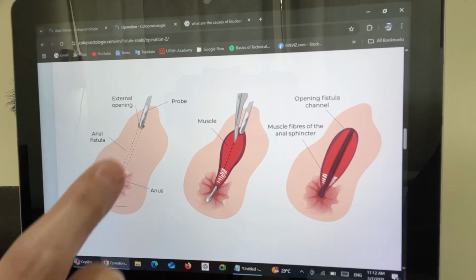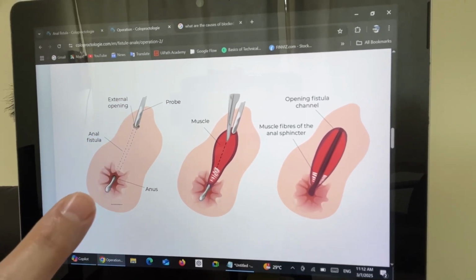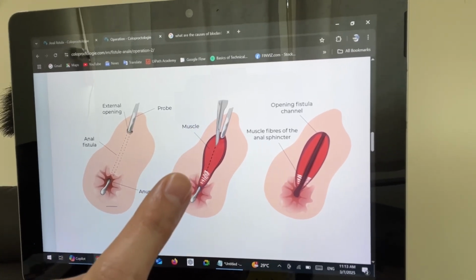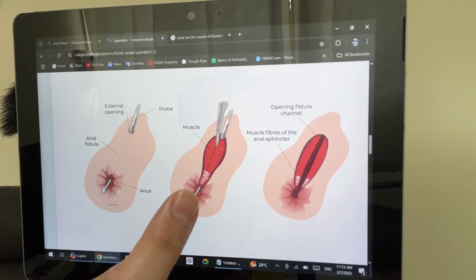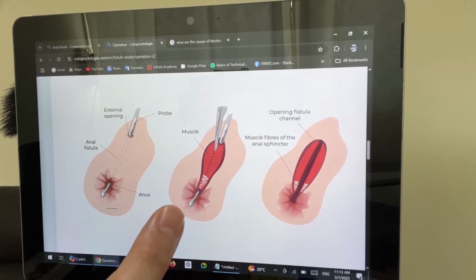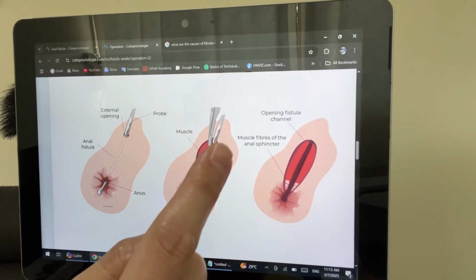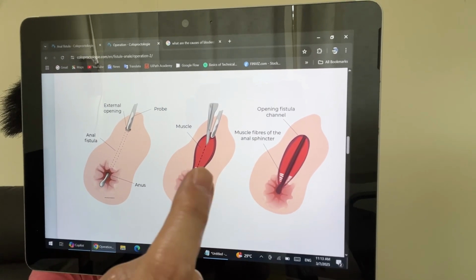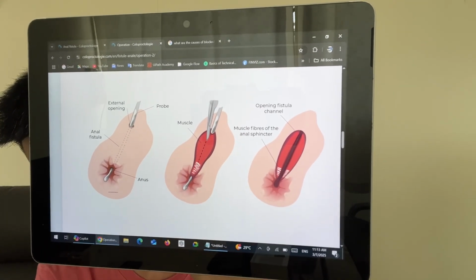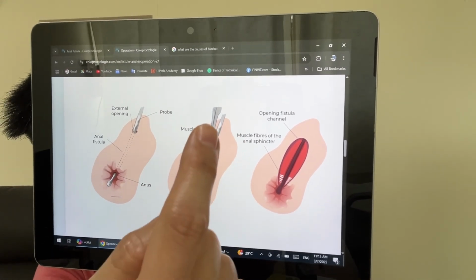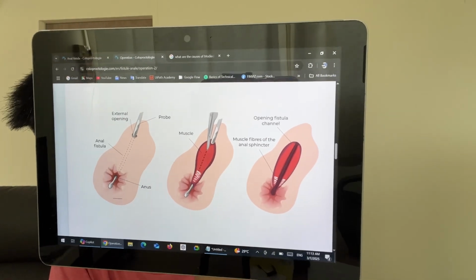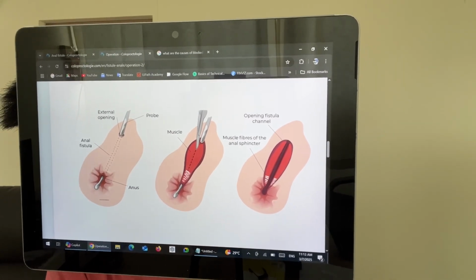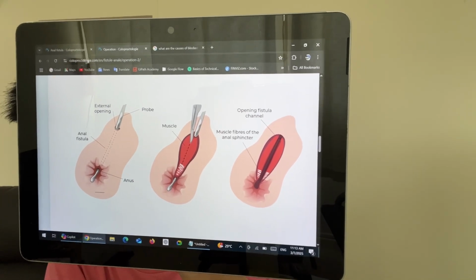Okay, and so this is the probe that will be able to find out where the track is, and after that, the surgeon will make a cut on the skin, and then what happens here is that the surgeon will cut open this part of the muscle and the skin, and he will clean up this area, and after that he will stitch the upper part of the fistula and allow the open wound to heal by itself, so that it will be able to heal more completely and less infection will occur. Okay, so basically this was what happened during my day surgery to treat my fistula wound.